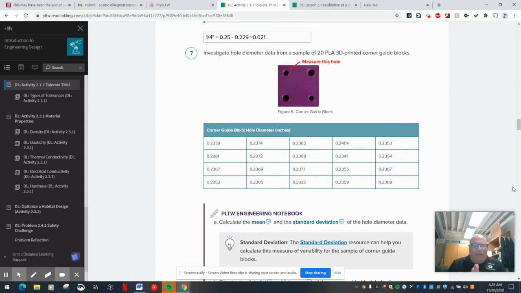Then I plotted all these. You should have this. I put this Excel sheet in the announcements, and I was able to get everything out of that.